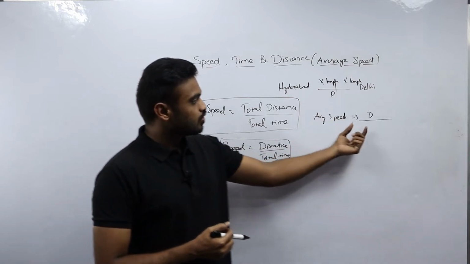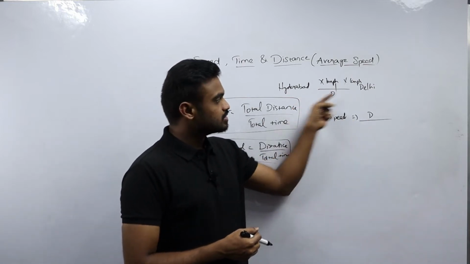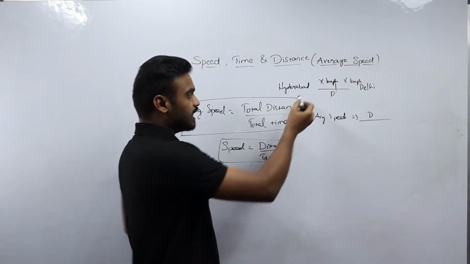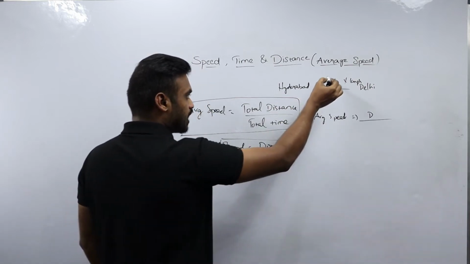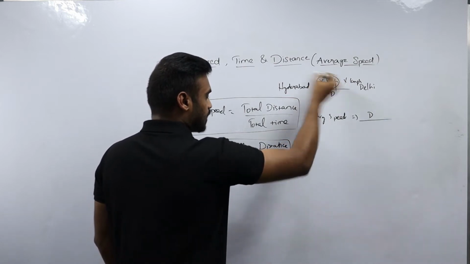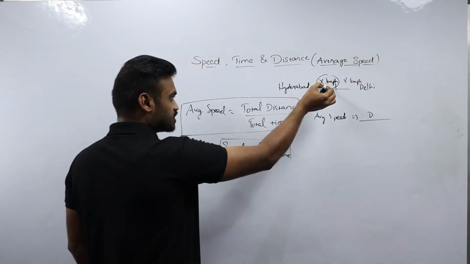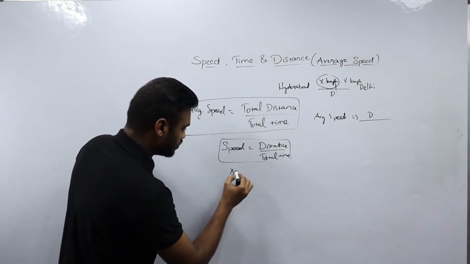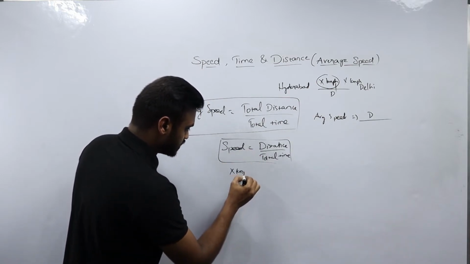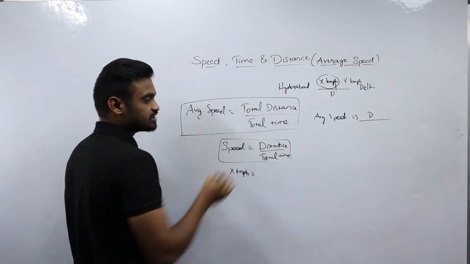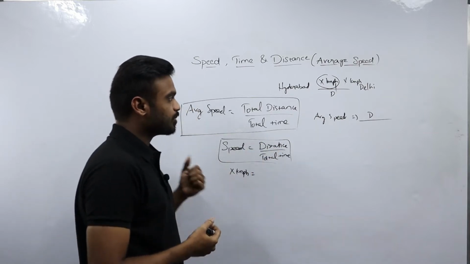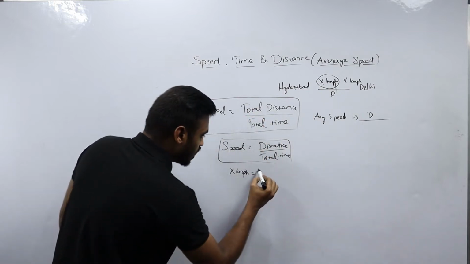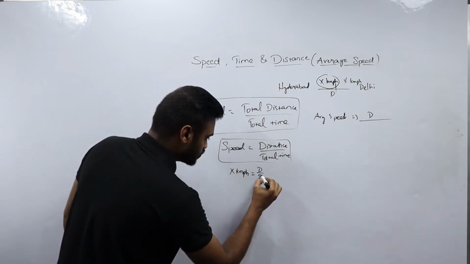Now we need to denote the total time taken to complete the distance between Hyderabad and Delhi. Up to half of the distance I travelled with a speed of x kilometer per hour. The distance travelled with x kilometer per hour is only half of the distance, that is d by 2.